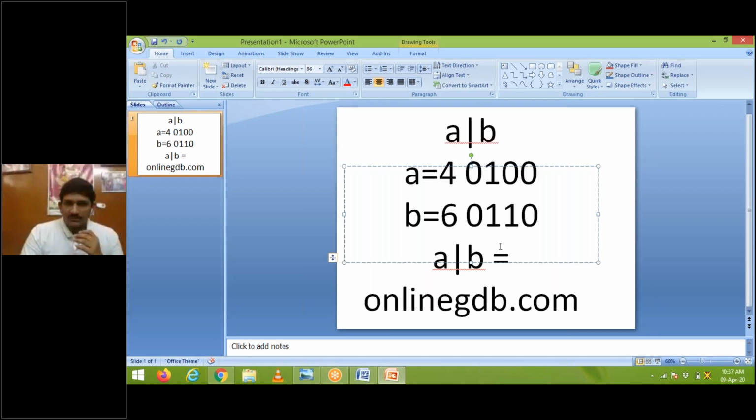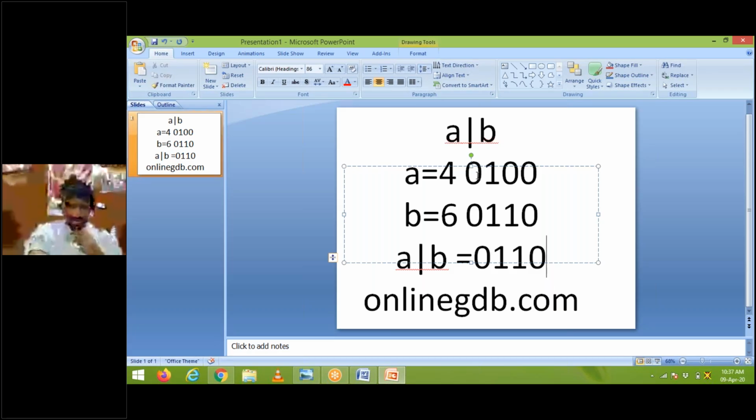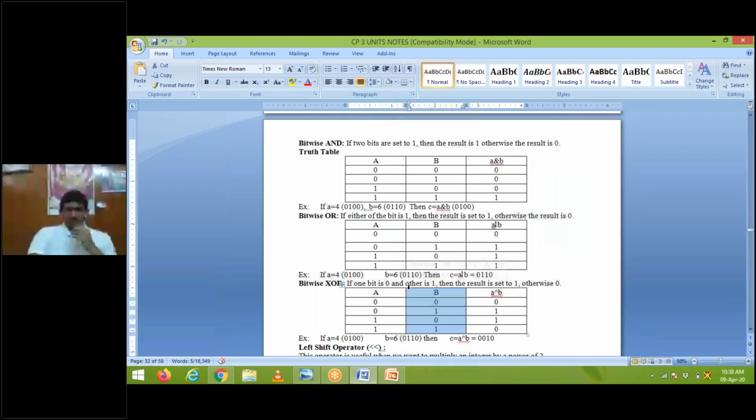Now you should check the result. In the first digits both are 0, that means the result is 0. After that 0 and 1, that means 1. 1 and 1 is also 1. 0 and 0 is 0. That means A or B value is 0 1 1 0. In the first and last digits, A and B are both 0, so 0 1 1 0 will be the result.